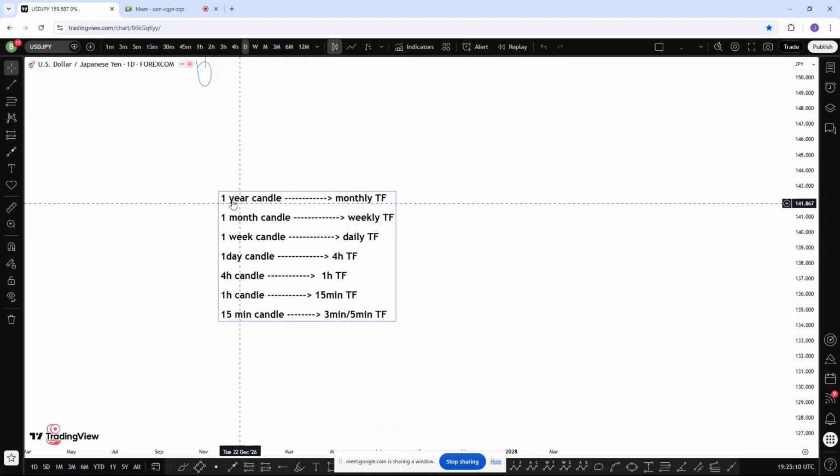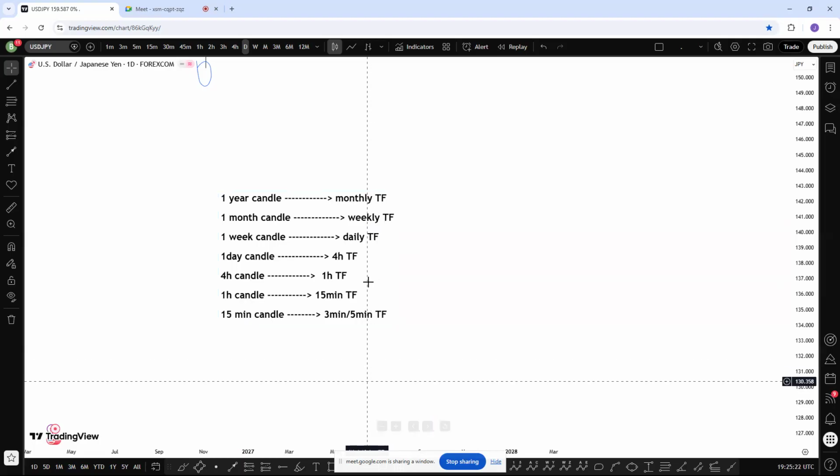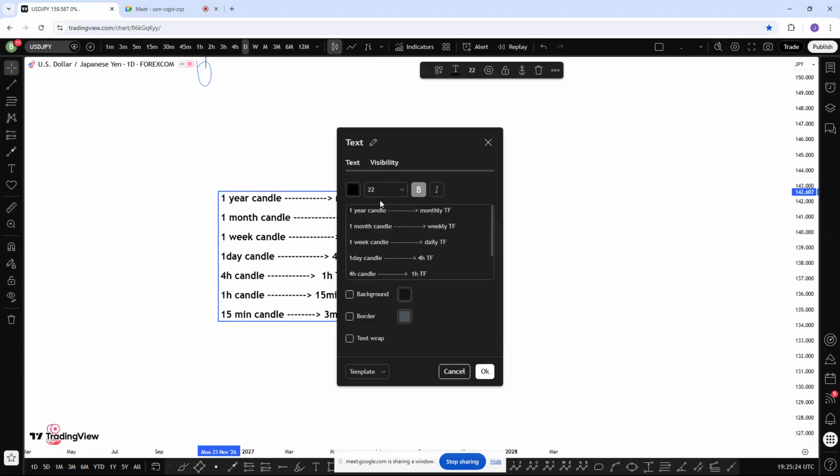For example, if you're going to trade the yearly candle, you must find a key level on a monthly time frame. If you're going to trade a monthly candle, you must find a key level on a weekly time frame. And then there is another time frame we have here.